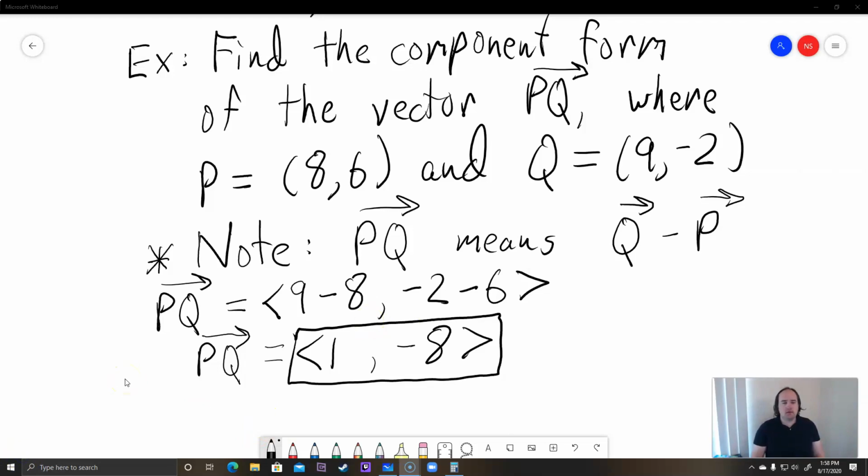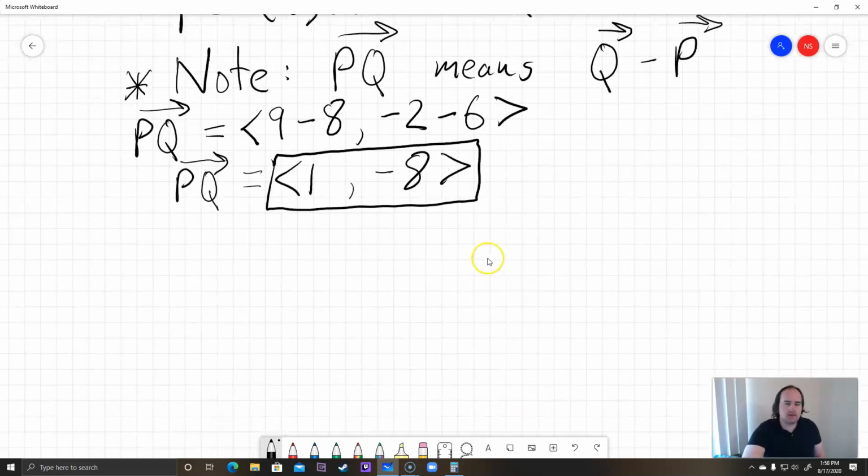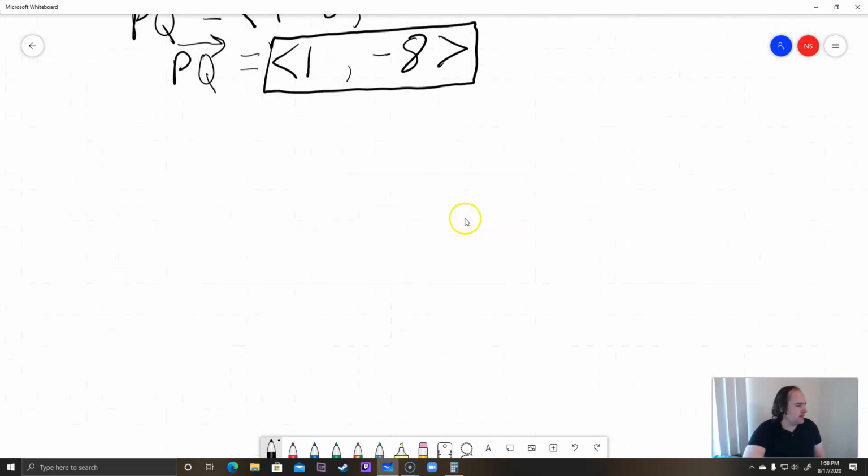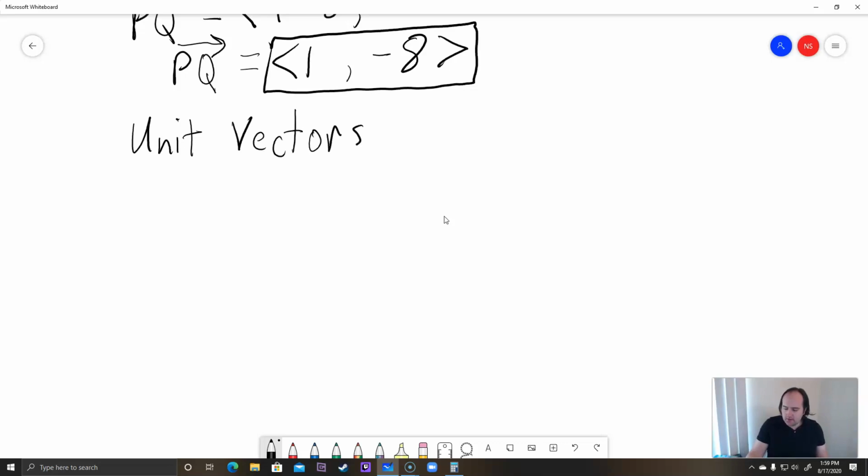Okay, so I'm just kind of going through your homework here, making sure you know how to do everything in your homework. So the next type of problem that you might have a challenge with is unit vectors. So let me talk about unit vectors. Okay. So there are lots of different types of unit vectors, but when they call it a unit vector, they mean that it's a vector whose length or magnitude is actually 1.